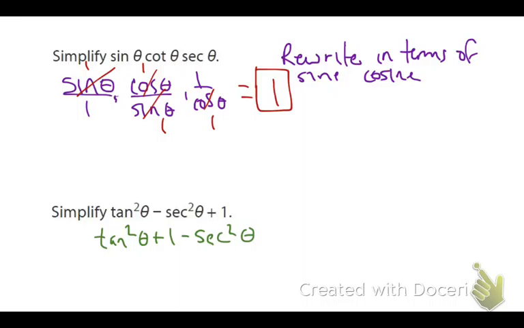All right, so I know that the tangent squared theta plus 1 actually equals what? Look at your identity. It equals secant squared. All of this equals a secant squared, so you're just going to replace it with the secant squared.